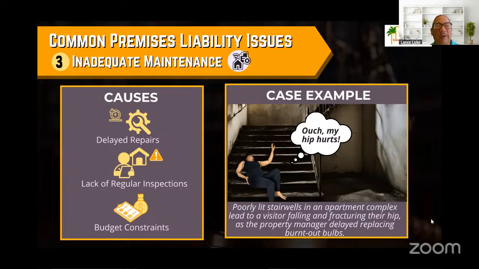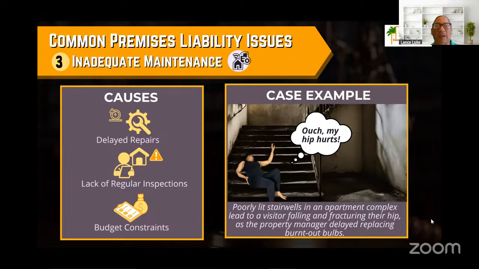They're not a resident, they're not an employee, they're a visitor, and they tripped, fell down the stairs, and got hurt. Now, can this person still sue because they don't live there? They don't work there? They just came to visit?